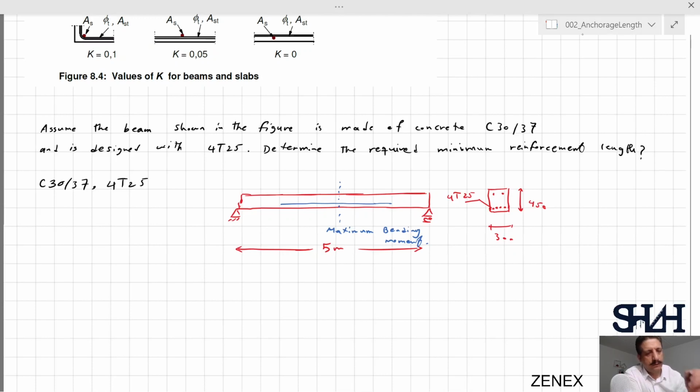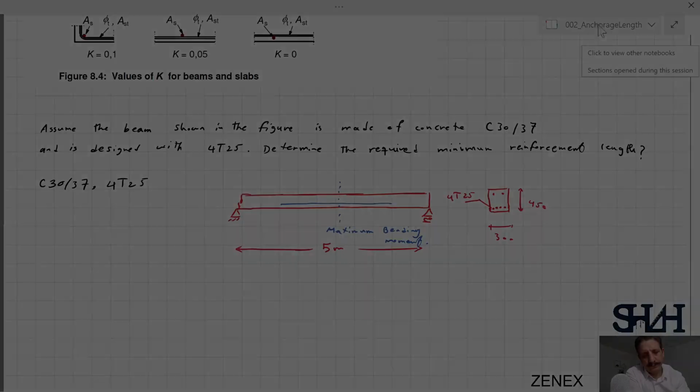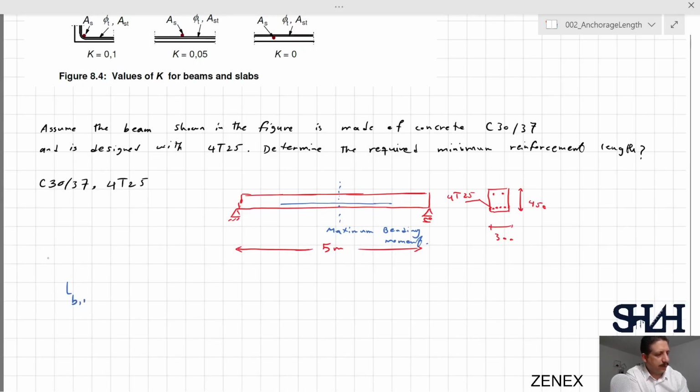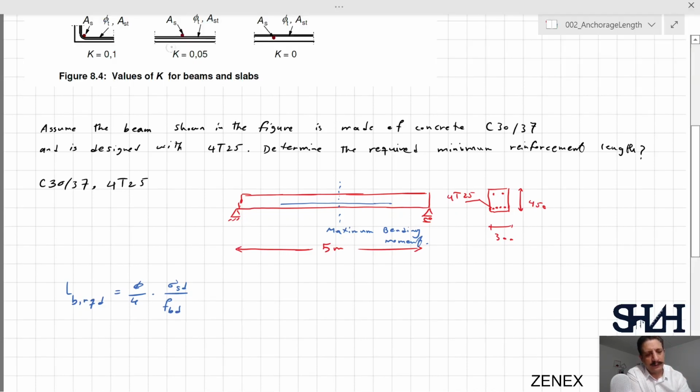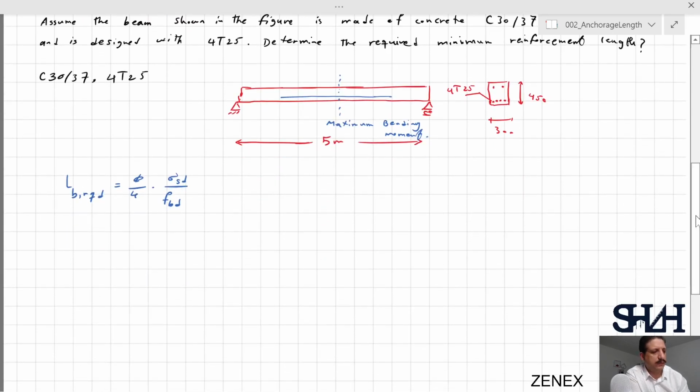So now, first of all, we need to calculate what is the base anchorage length. So Lb,rqd will be phi divided by 4 times sigma sd divided by fbd. Sigma sd is the stress in the reinforcement, and practically it is used to be fyd.